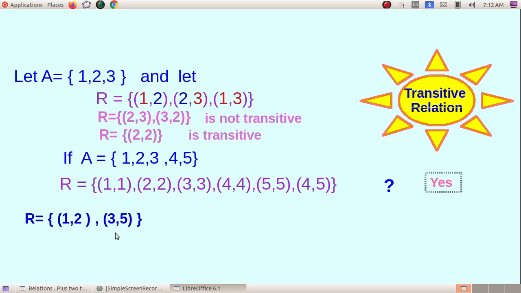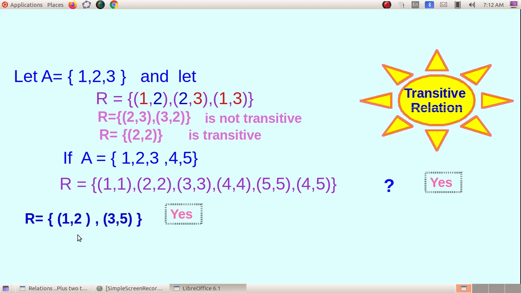The second ordered pair is (3,5); there is no element starting with 5 here. There are no two ordered pairs (a,b) and (b,c) in this relation satisfying the condition. As I said earlier, here the condition is not met, so don't bother about the conclusion. Trivially we can say this relation is transitive.